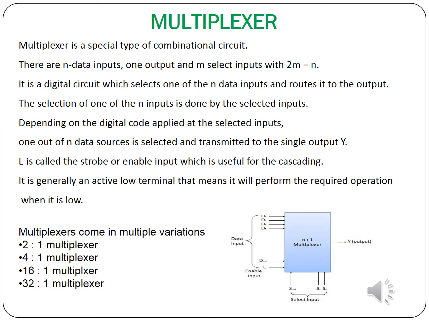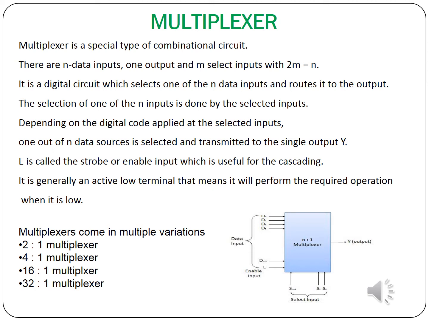A 4:1 multiplexer needs two select lines for its 4 inputs, and a 16:1 multiplexer needs 4 select lines for 16 combinations. In 2:1, the 2 indicates inputs and the 1 indicates the output.